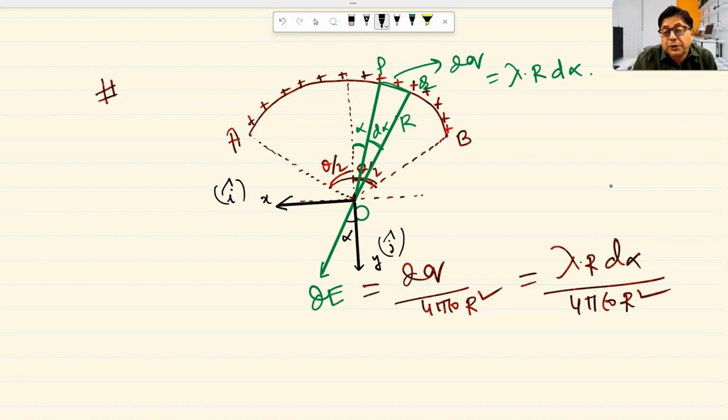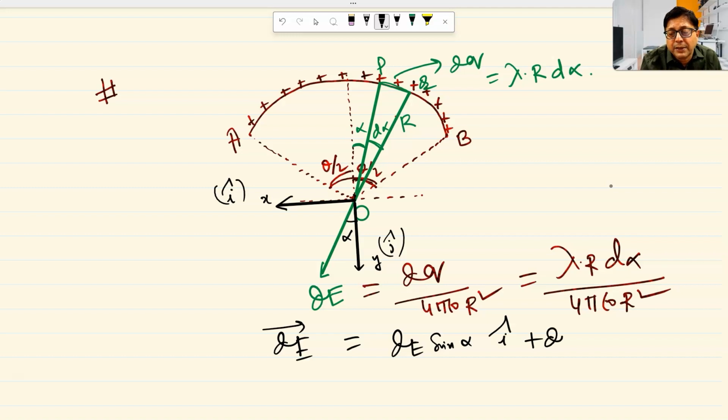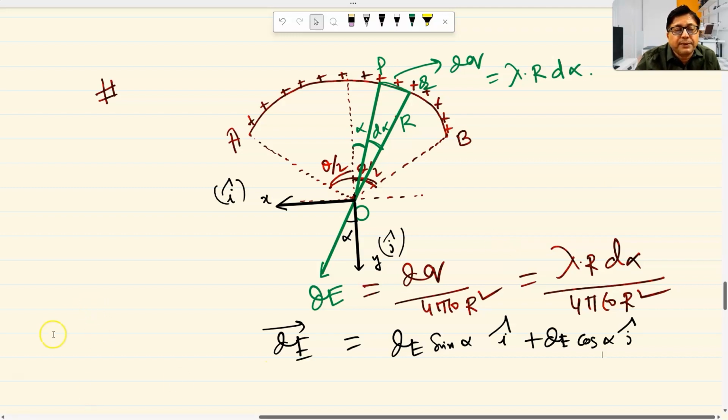So dE magnitude we have written. We have to write dE vector. How to? dE vector will be this way dE cos alpha j cap, this way dE sin alpha i cap component. So dE sin alpha i cap plus dE cos alpha j cap.